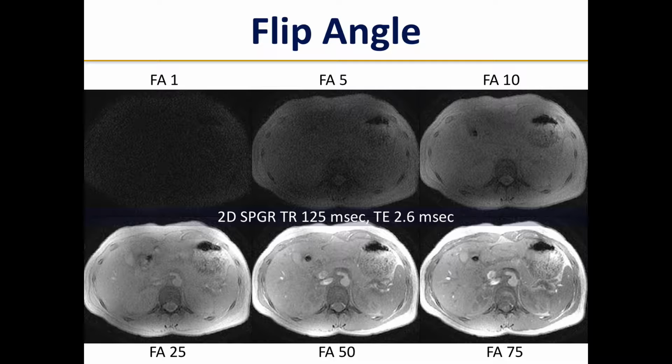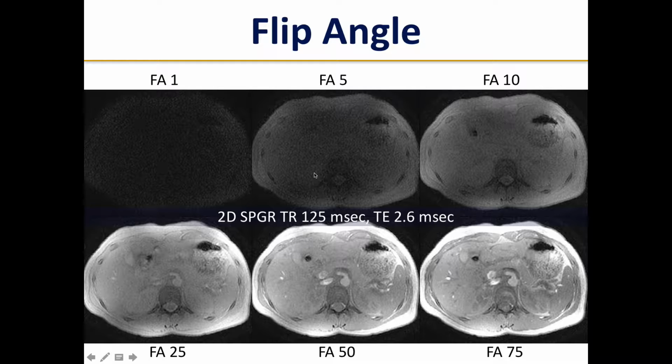First, our wonderful volunteer. Flip angle 1, flip angle 5, flip angle 10, flip angle 25, flip angle 50, flip angle 75. I hope I can convince you that flip angle 1 doesn't give us a lot of signal to noise. If anyone disagrees with me, please stand up.